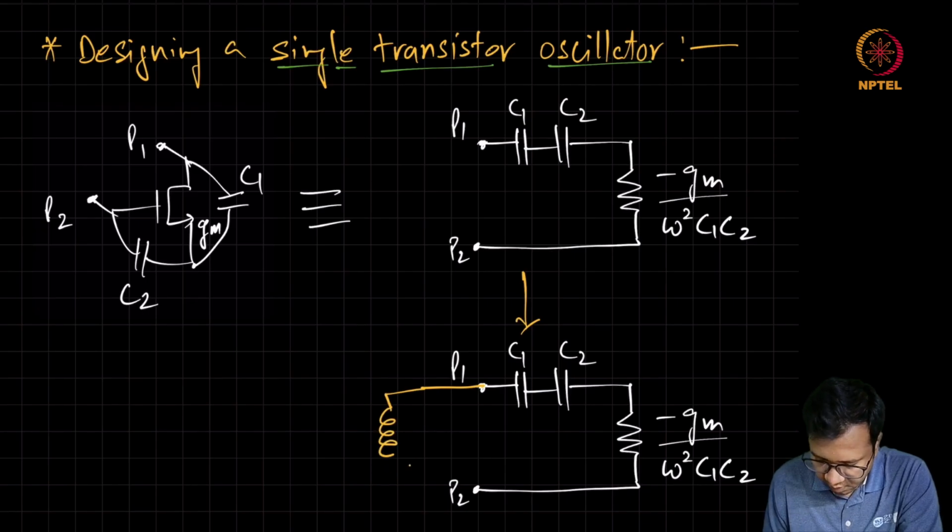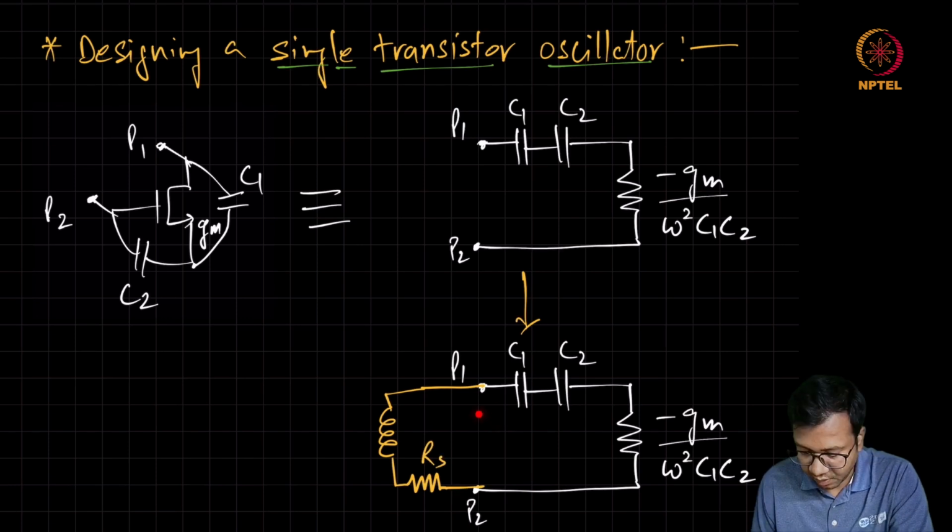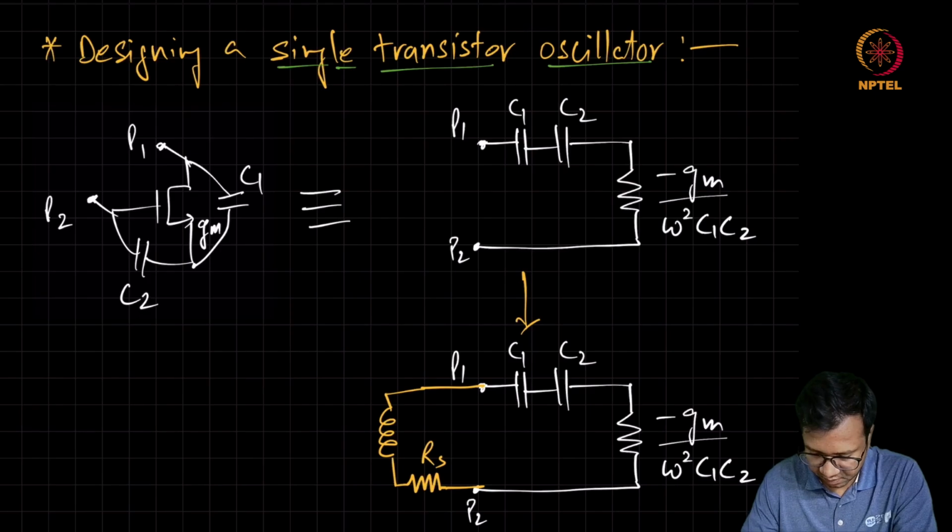See, this entire series circuit is going to have some loss. That loss we can model as some series resistance Rs. Now this circuit looks like a series LCR circuit where the series resistance is going to be compensated by the negative resistance.